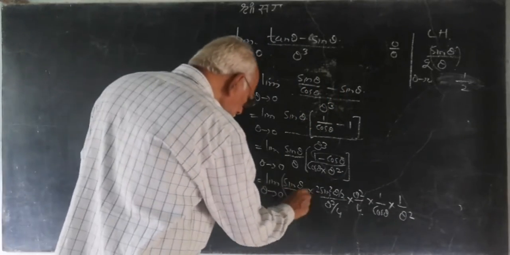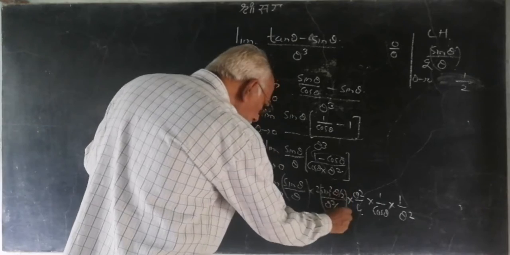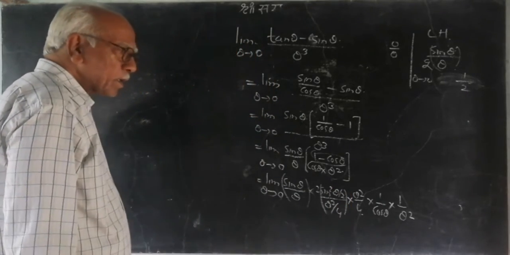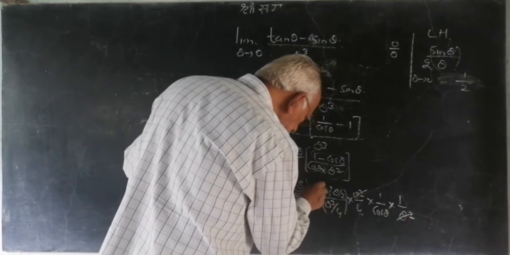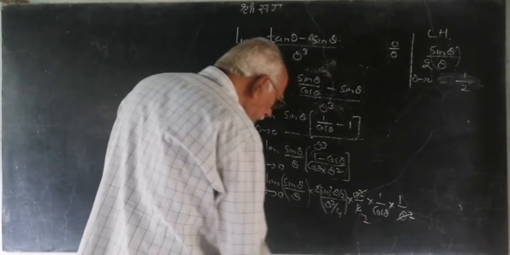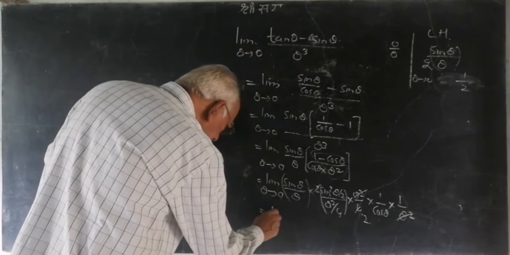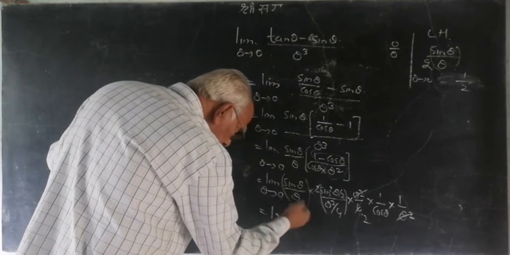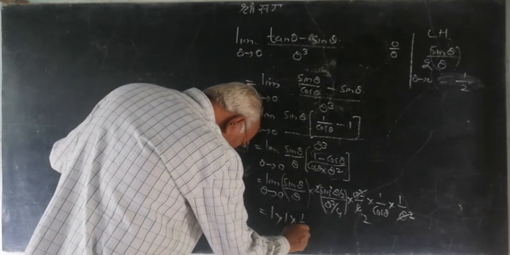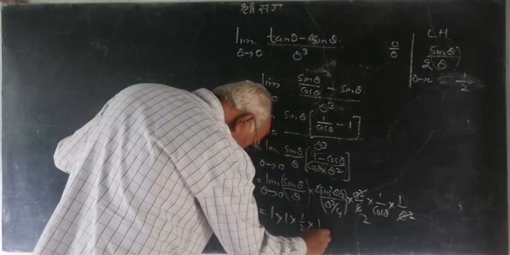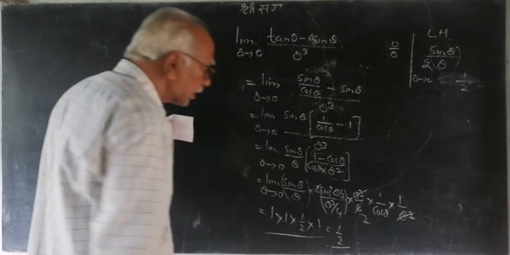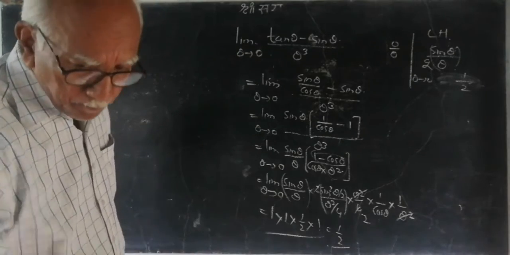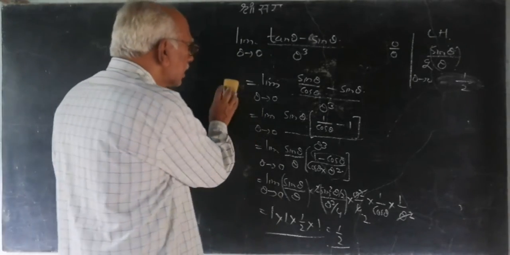Leaving these limit parts, we can cancel theta square, 2 ones are 2 twos are. Now if you substitute the limit, it will be 1, 1 square, 1 by 2, and 1 by 1, and hence our final answer is 1 by 2.